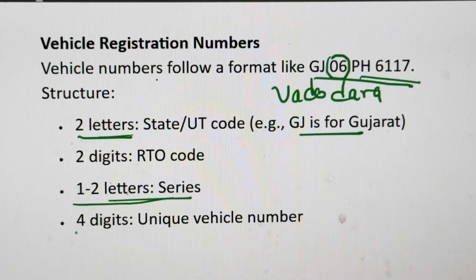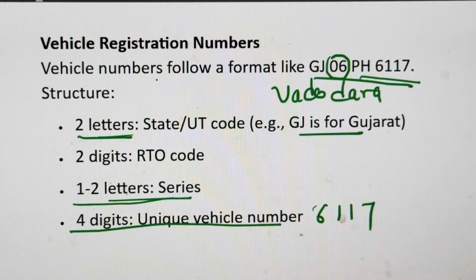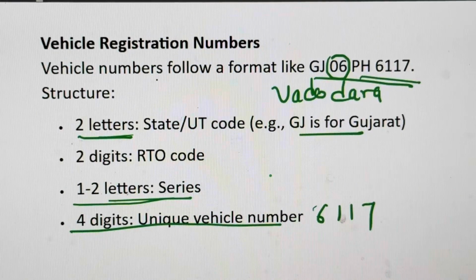And then the 4-digit unique vehicle number like this 6117, right? So for the 4 digits, it is 10 raised to 4. You can calculate that and get an approximate value of how many possibilities there are.